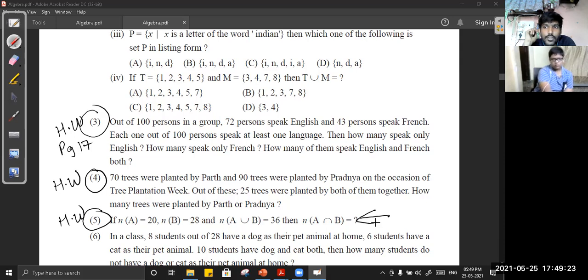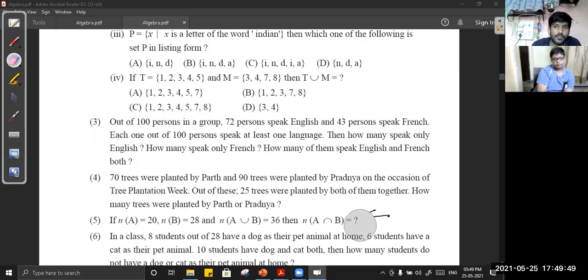Addition law formula, n of A union B is equal to n of A plus n of B minus n of A intersection B. Correct? Okay. So 3, 4, 5.